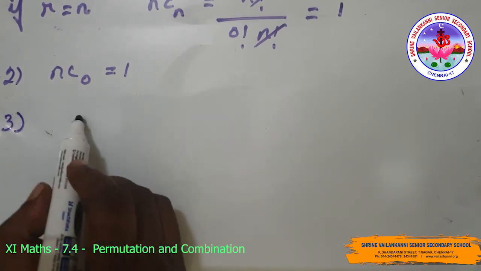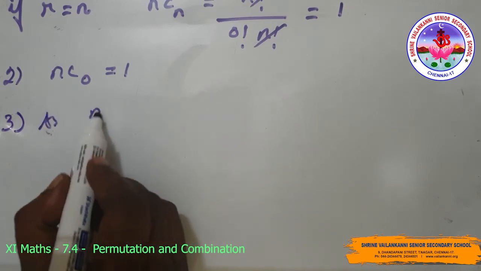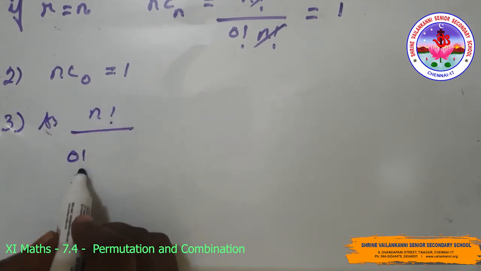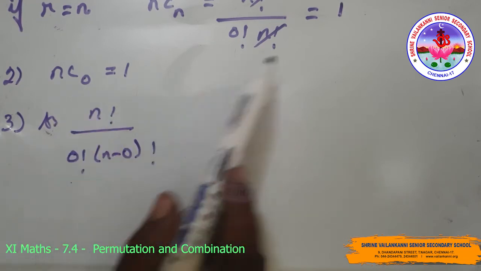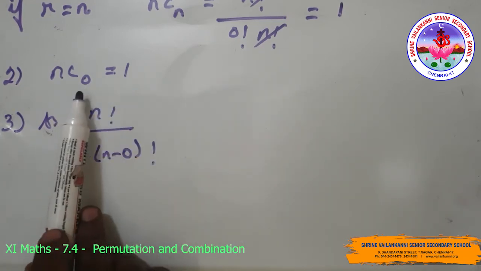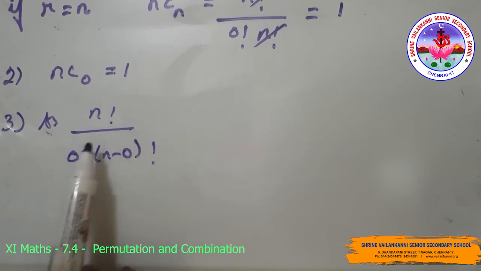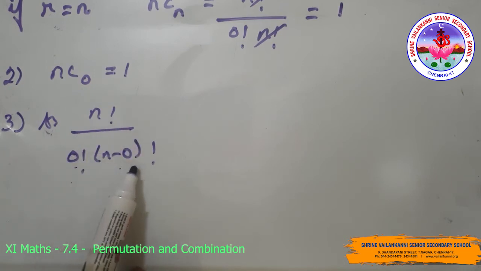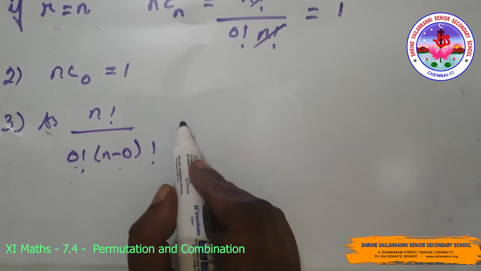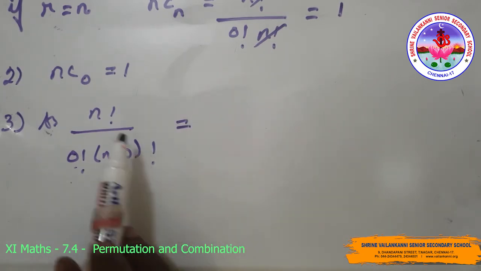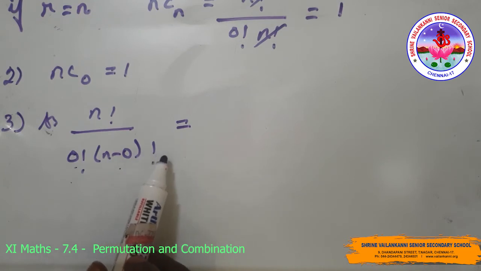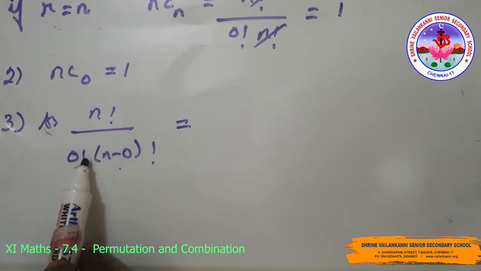Then the third one is n factorial by 0 factorial into (n minus 0) factorial. So using the formula, r is 0. So n factorial by 0 factorial into (n minus 0) factorial is equal to, n factorial and n factorial will cancel. So 1 by 0 factorial is 1.